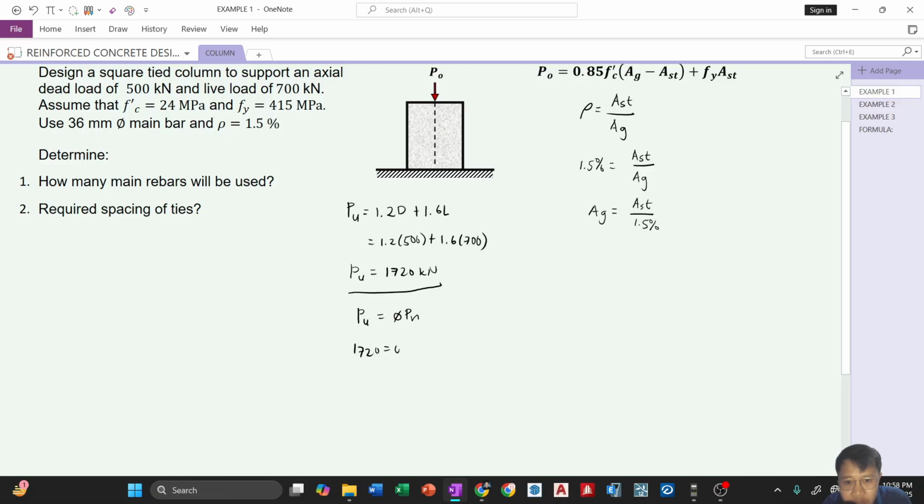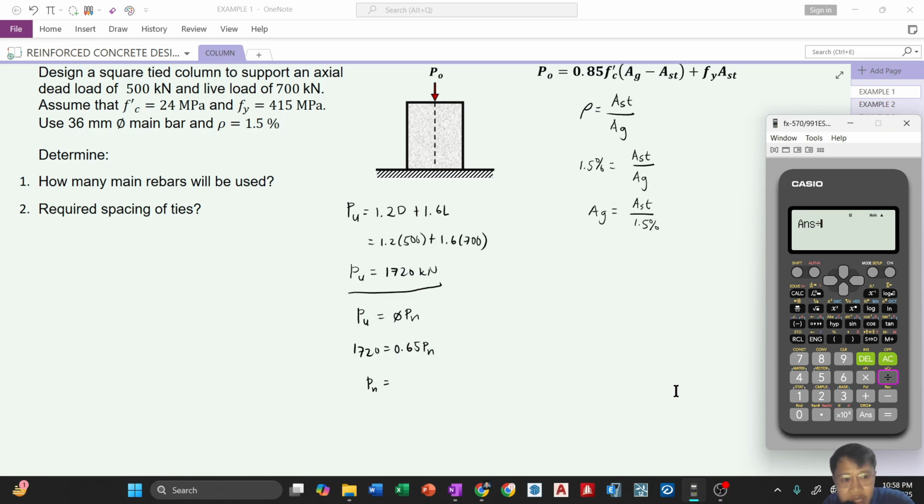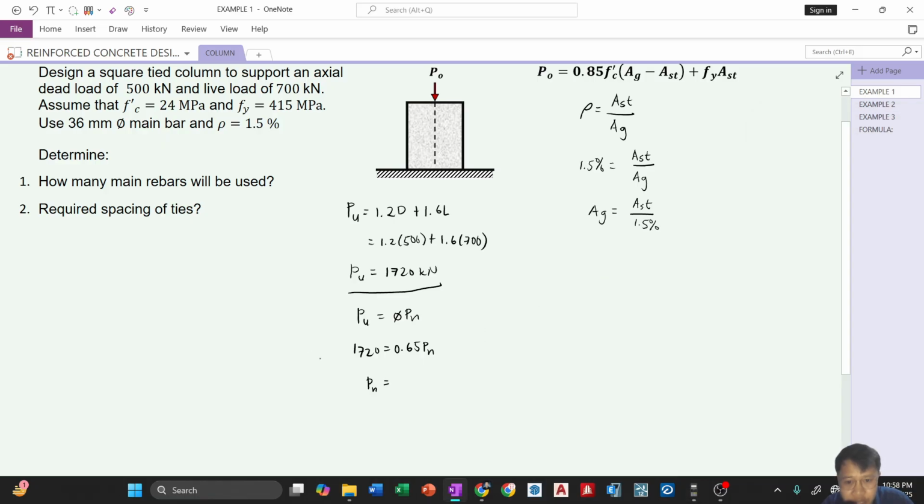1,720 is equal to 0.65 P nominal. Now, the P nominal is equal to, let's just divide this by 0.65, and then we get 2646.15 kilonewton.